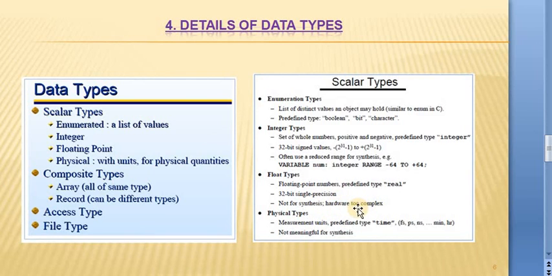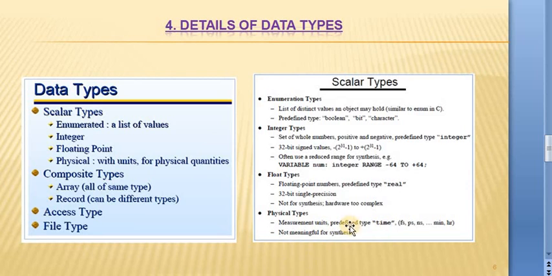And the last is physical type, which measures different measurements such as time, which can be measured in femtosecond, picosecond, nanosecond, minute or hour. So these units are not used for synthesis, and their conversions are done in terms of bits.